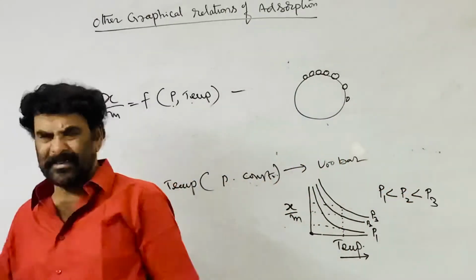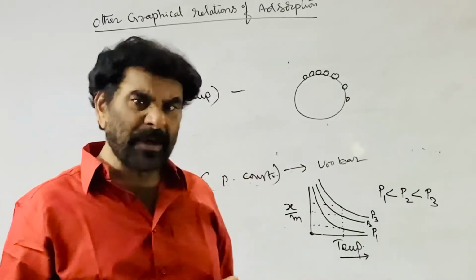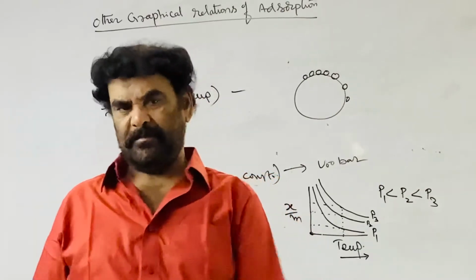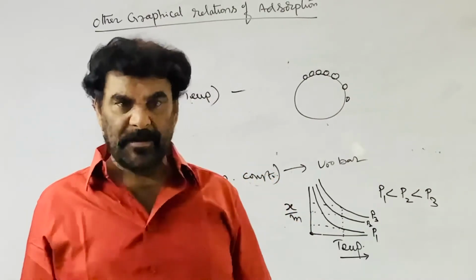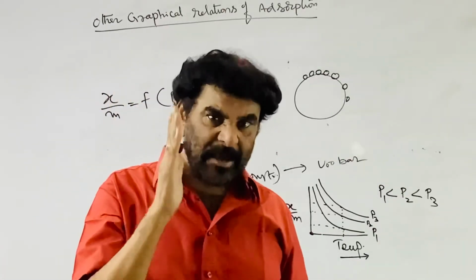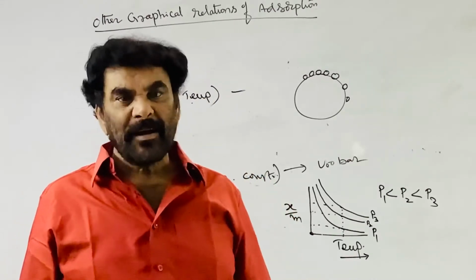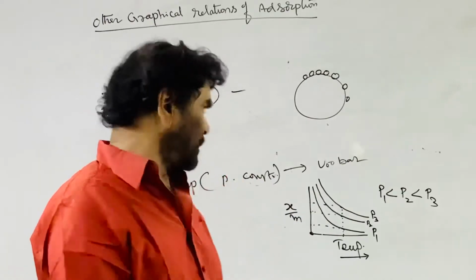The third graphical representation is the relation between the temperature and the pressure of the gas, keeping x by m constant. So now we are trying to maintain the same extent of adsorption at different temperature and different pressure conditions.